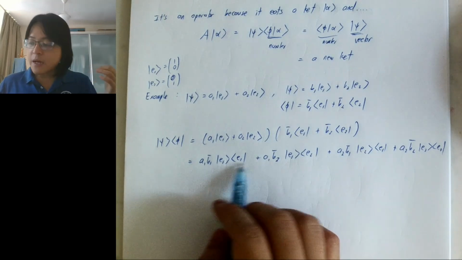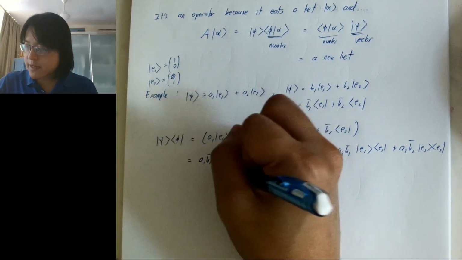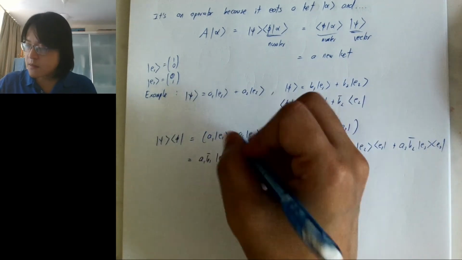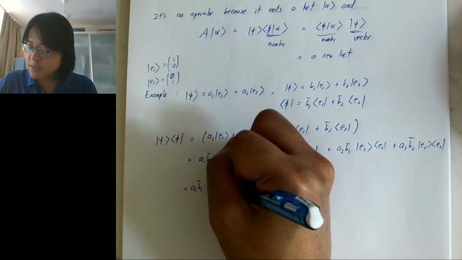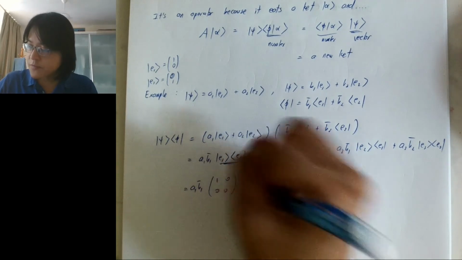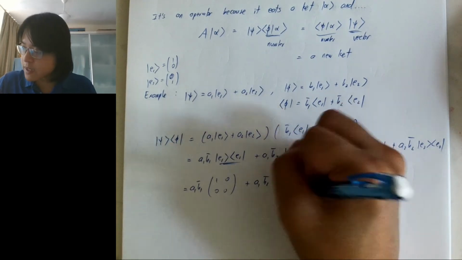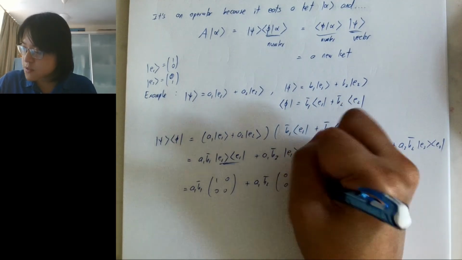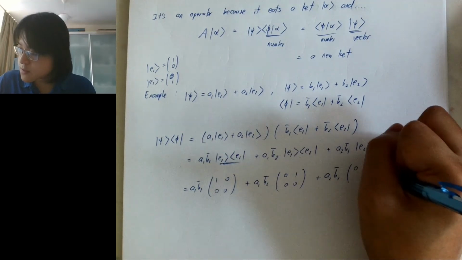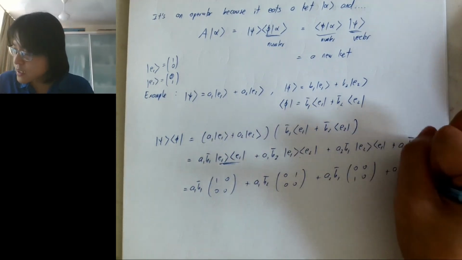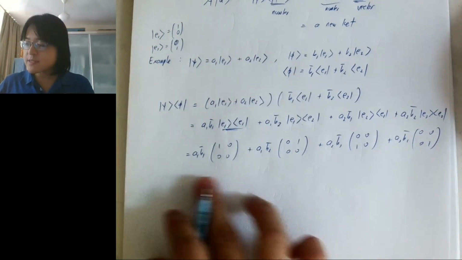If I multiply this together, this is now a column times a row. I'll just save time; you can work it out yourself. In the end, the first becomes 1, 0, 0, 0, and then this one becomes 0, 1, 0, 0, and this becomes 0, 0, 1, 0, and the last one is 0, 0, 0, 1. So this is a sum of matrices.